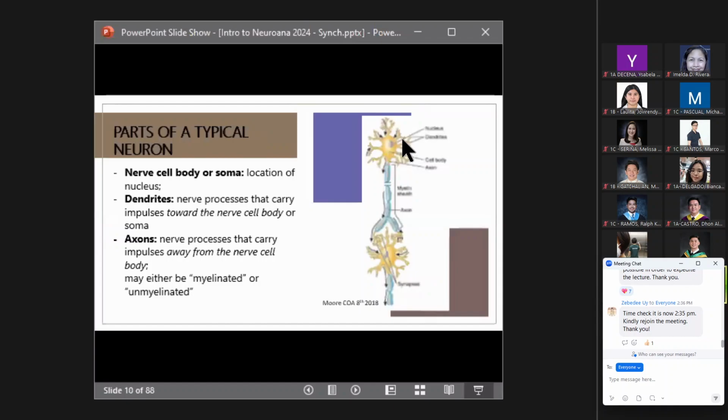It has dendrites. These are nerve processes that carry impulses towards the nerve cell body, just the small ones there in this image. And then the axons are the nerve cell processes that carry the impulses away from the nerve cell body. These axons may either be myelinated or unmyelinated, depending on whether there is a developed myelin sheath around them.